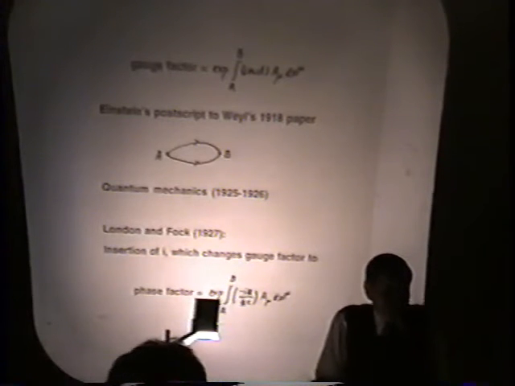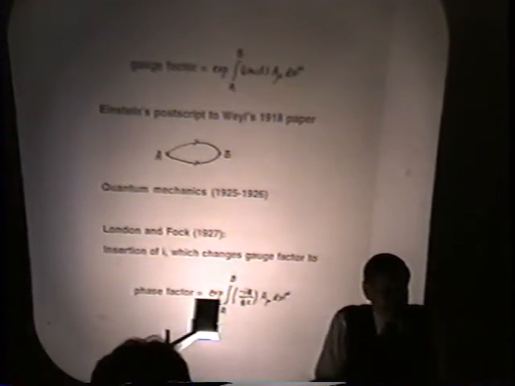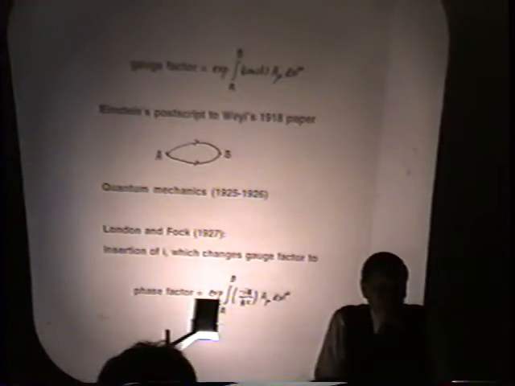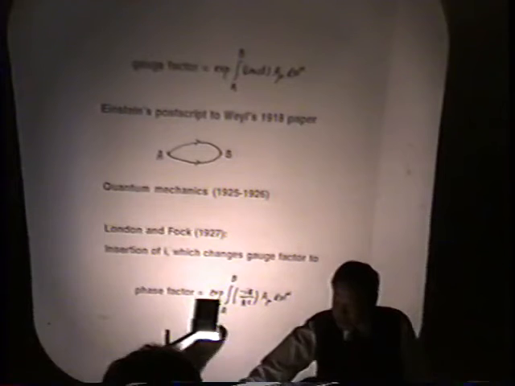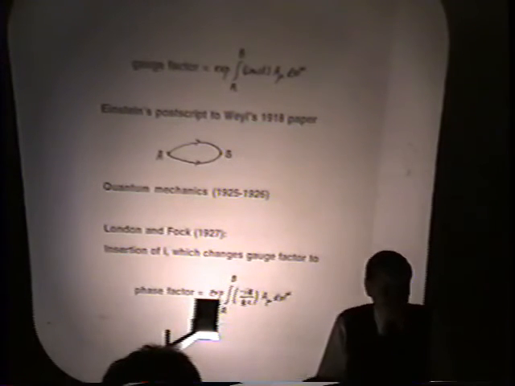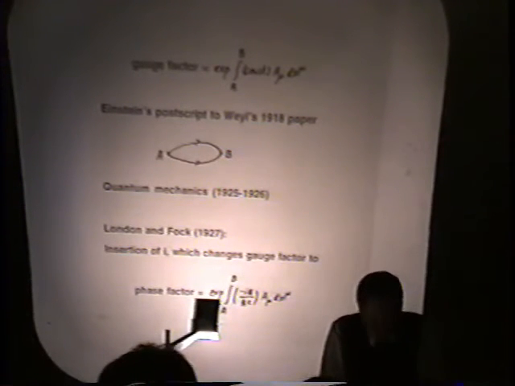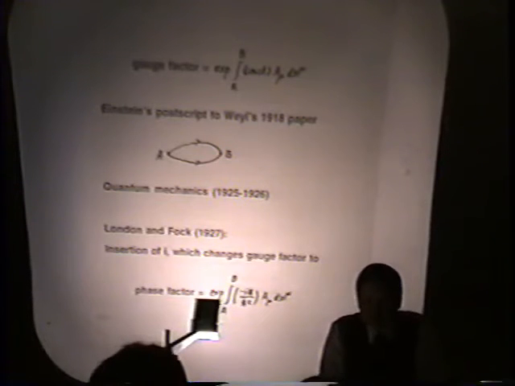And once that is done, the theory becomes not only the correct idea, it becomes necessarily the right idea when you have quantum mechanics. In other words, with quantum mechanics and electricity and magnetism amalgamated together, you have to have this i, which is very similar to Weyl, only there is an i inserted into his gauge factor.